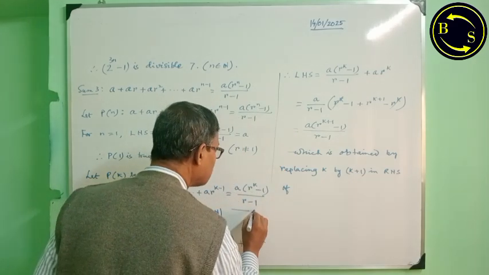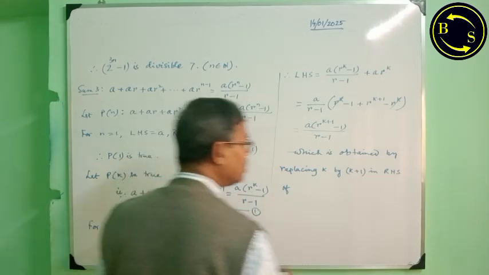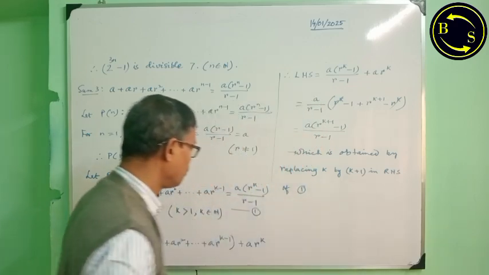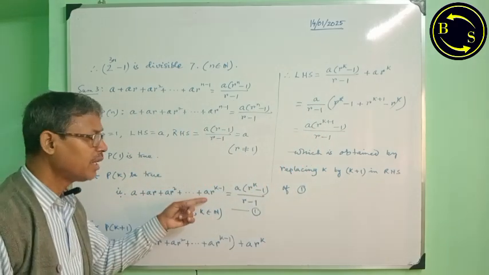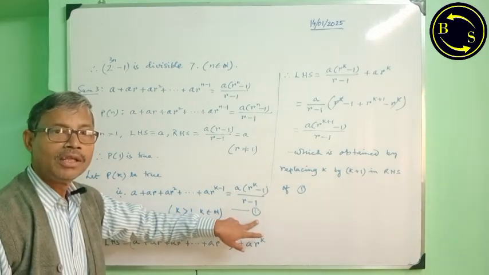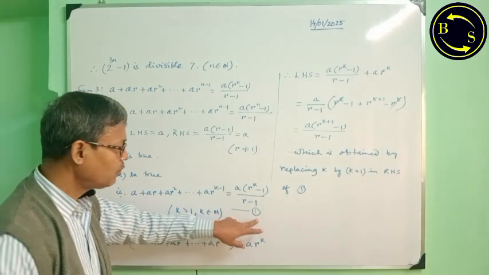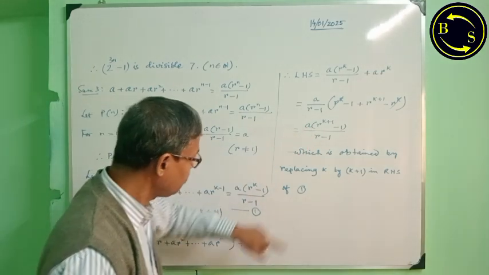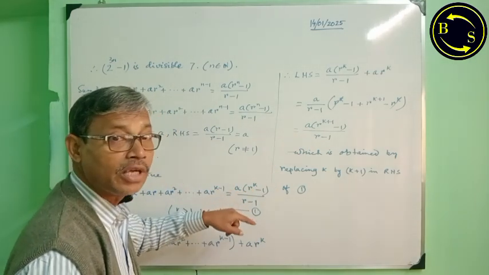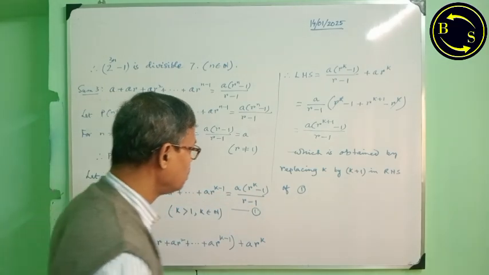I take this as 1. This is left hand side and this is right hand side. I have taken the whole as relation 1. Therefore, this one will be obtained from this one by replacing k by k plus 1.